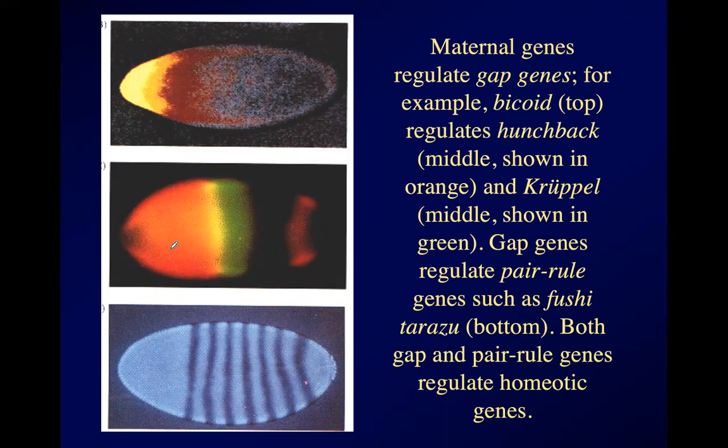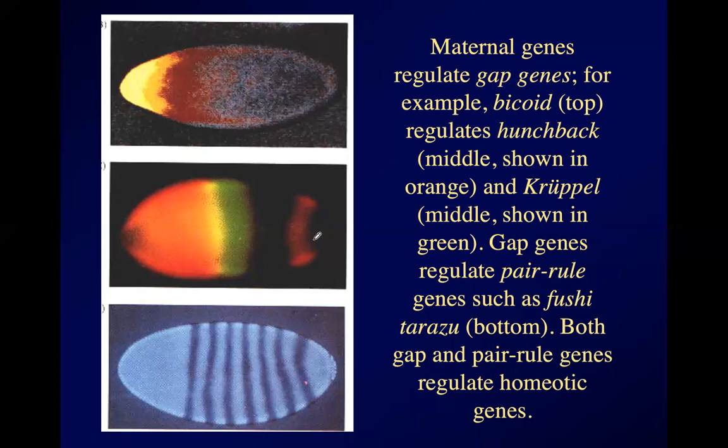And it switches off a gene called Krüppel, which is this green band right here in the middle. So where bicoid is present, hunchback switches on. Excuse me, where bicoid is absent, Krüppel switches on. And so we've got these sizable areas of the fruit fly embryo that are expressing different genes.